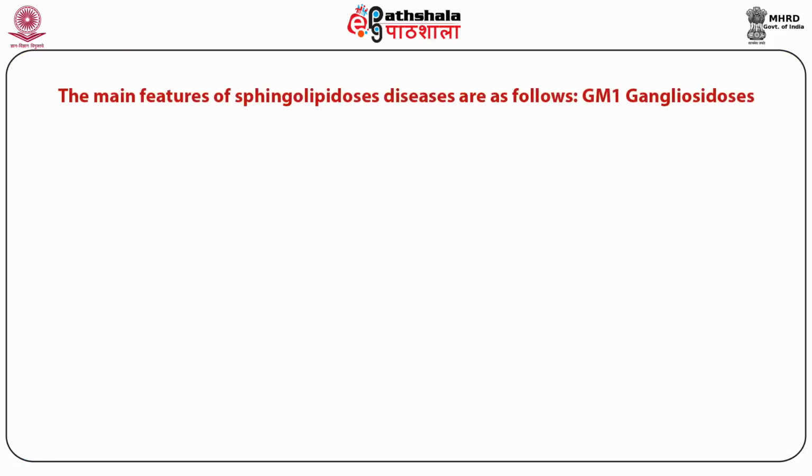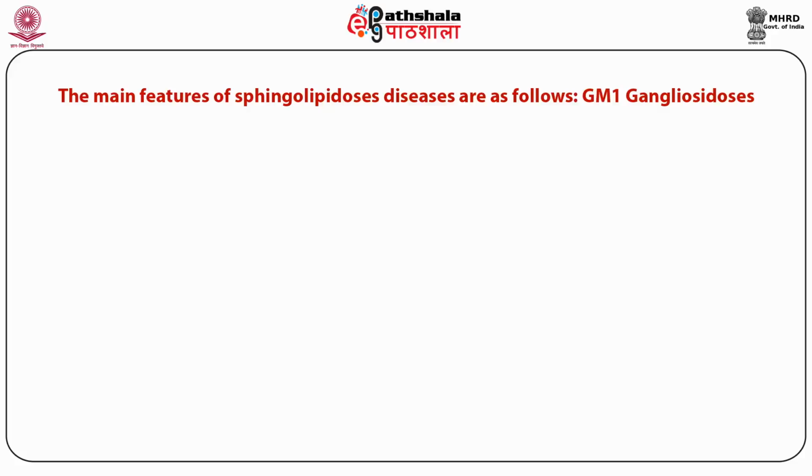Glycosphingolipids consist of neutral and acidic types. Further, within acidic glycosphingolipids, there are two types, gangliosides and sulfatides. The main features of sphingolipidosis diseases are as follows.